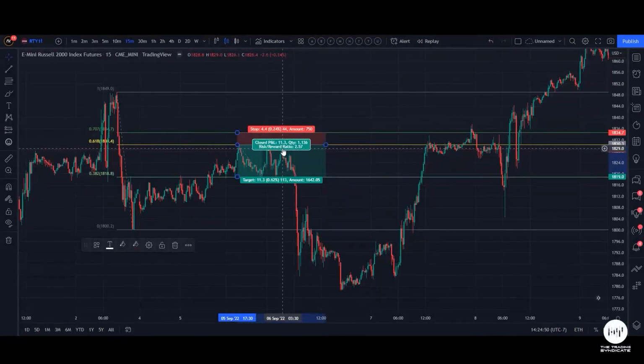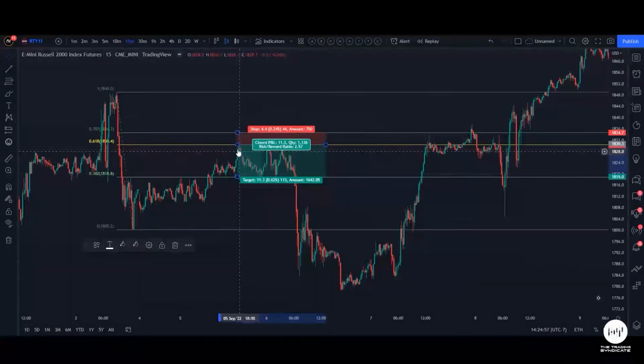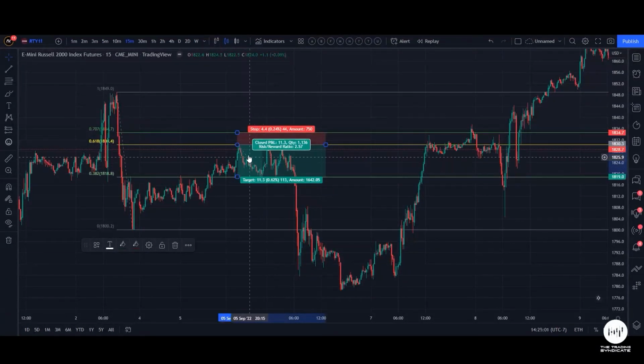which means that you only have to be correct about your conviction around 30% of the time to have a positive expectancy. And since there are such high probabilities of it breaking back down here, you will generally see a positive expectancy as there's probably a greater than 50% chance of that reactionary bounce occurring, especially when you get some additional confirmation at these levels.